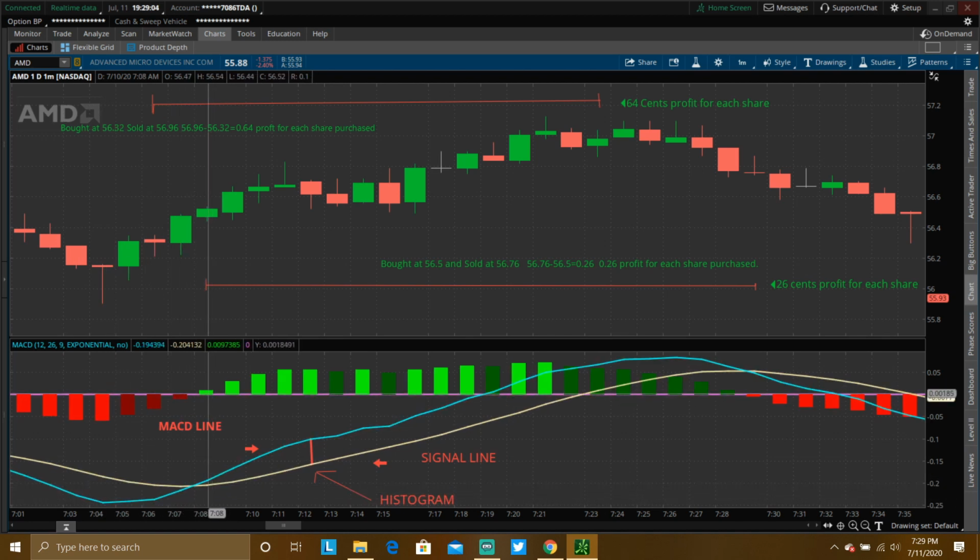And the bright green shows that the MACD line is gaining momentum in the upwards direction, while the dark green represents it losing it. And the higher the bars are, the more distance there is between the signal line and the MACD line.